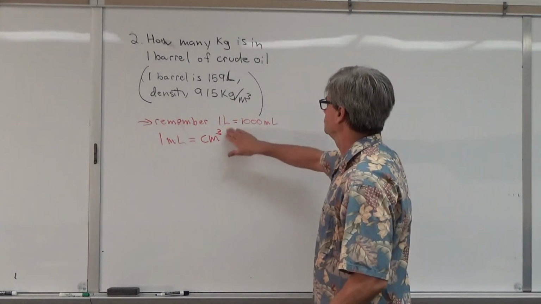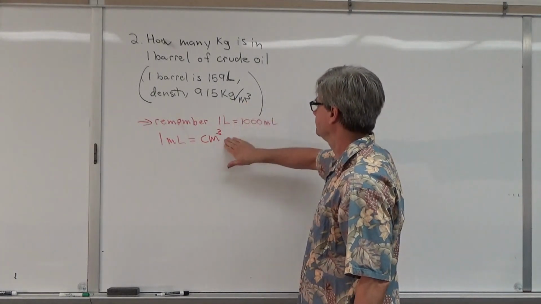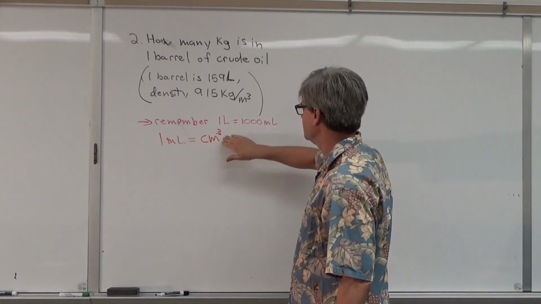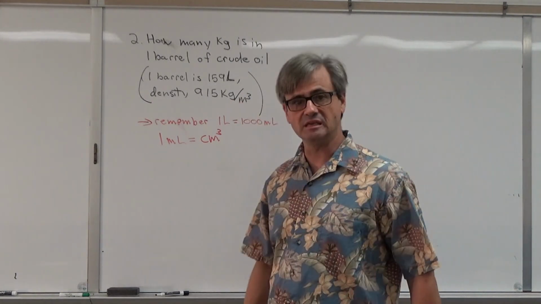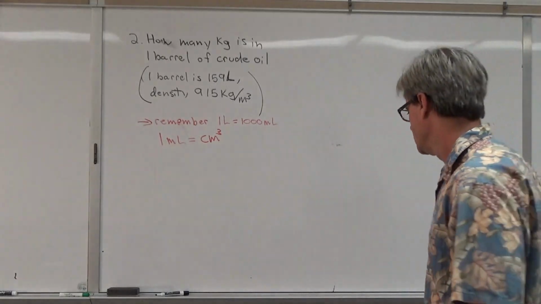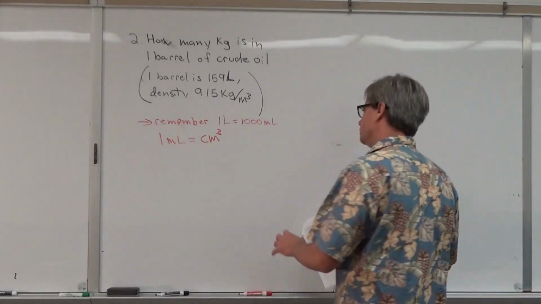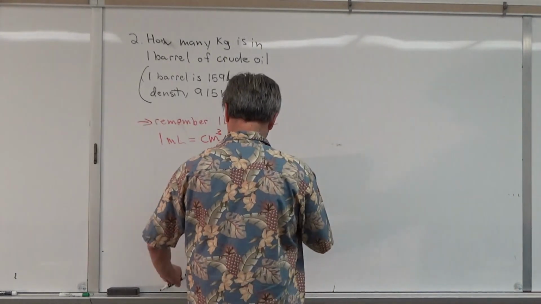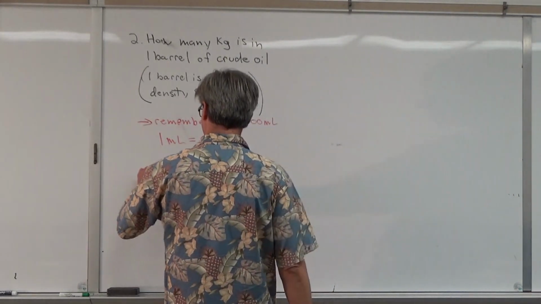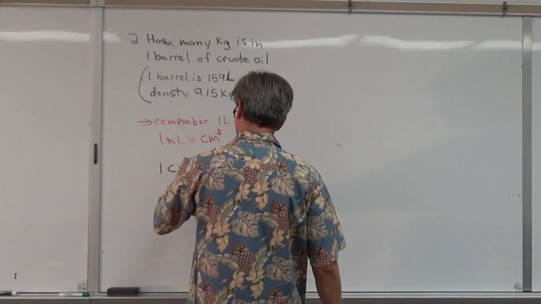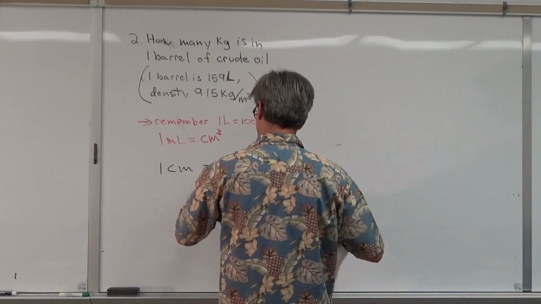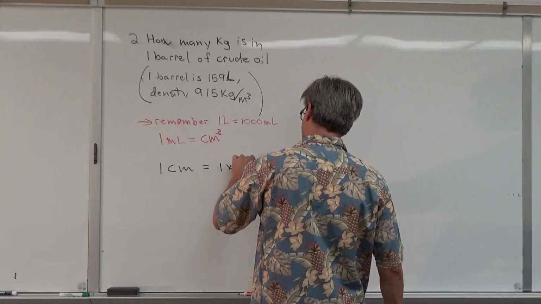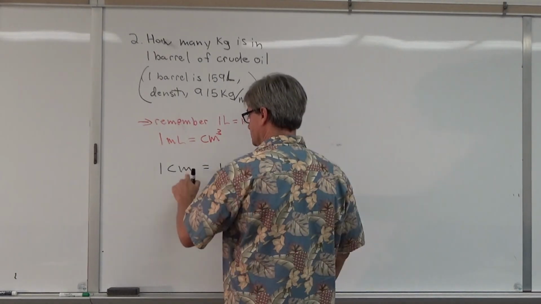Alright, so we're starting to get close. How many cubic centimeters in a cubic meter? You're going to need to know that here. That might be a little bit tricky, but there's a nice systematic way you could approach that. You know that 1 centimeter is 1 times 10 to the negative 2 meters, by definition.